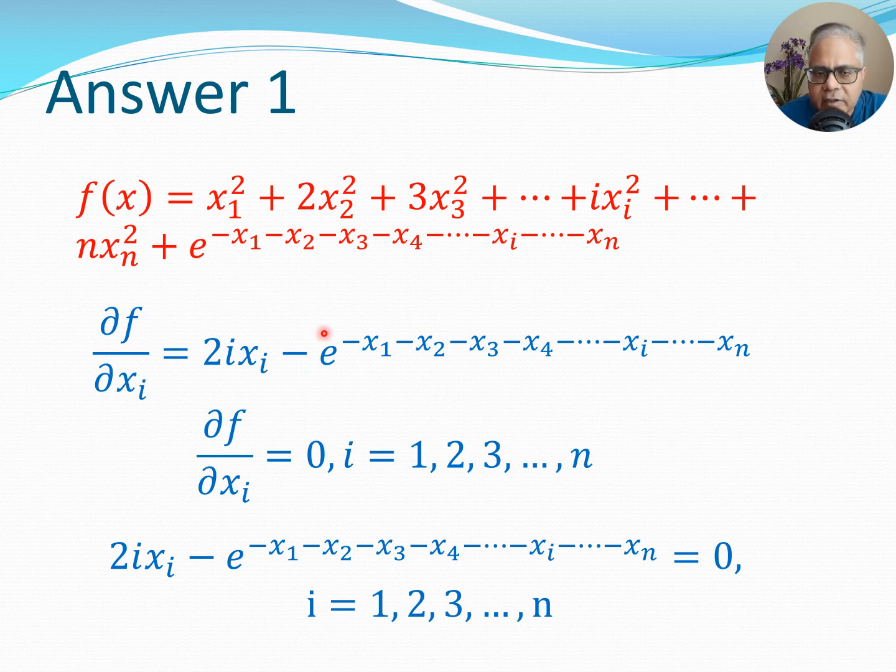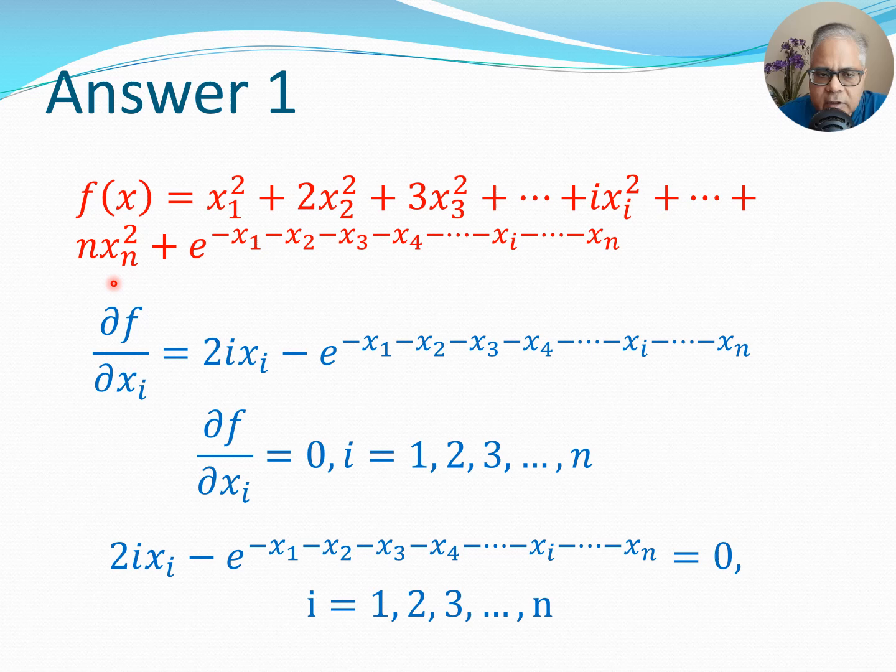So that's why this sign becomes negative here. So now I got this derivative of the function with respect to xi. Now if you are confused, you can actually check this out by differentiating with respect to, for example, x1, x2, x3, and then figuring out how this particular general term comes about.